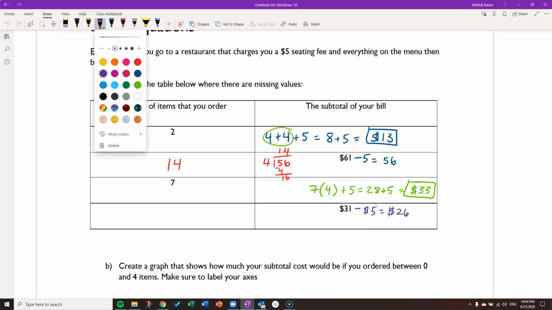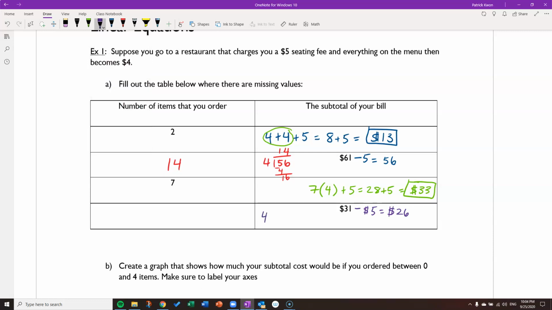And so just like we did previously, now we are going to divide that $26 by 4, and 4 times 6 is 24. And so if I added that decimal point here, I could bring down the 0, and 4 goes into 20 5 times, so 6.5.